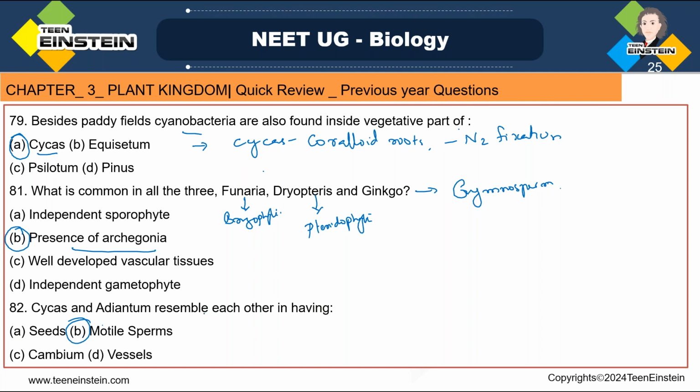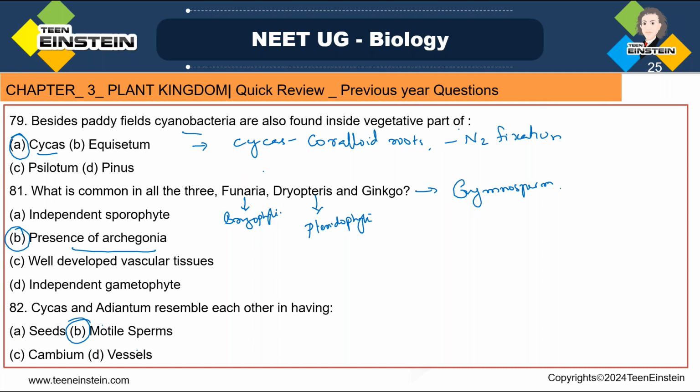Then seeds and cambium are common in gymnosperms, and they are absent in pteridophytes. Seeds start from gymnosperm and angiosperm. In gymnosperm, naked seeds are there; in angiosperm, covered seeds are there, right? True vessels are absent in both pteridophytes and gymnosperms.